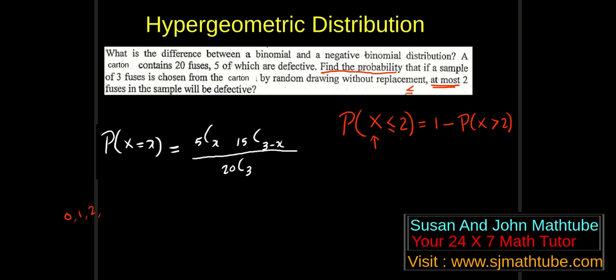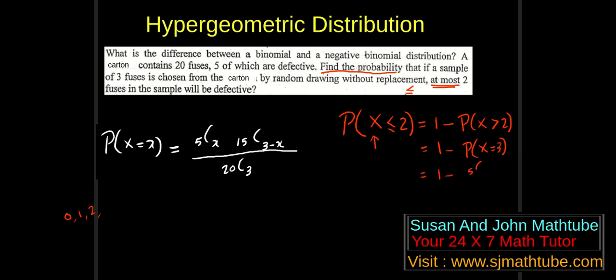We selected a sample of size 3. So the maximum possible number of defective fuses will be 3. So greater than 2 means there is only one number, and that is equal to 3. And now let's plug in the value x equal to 3.